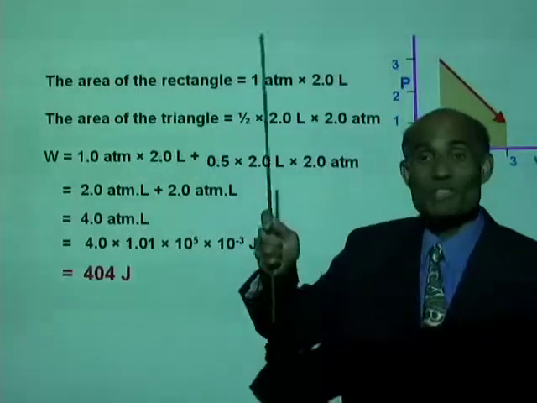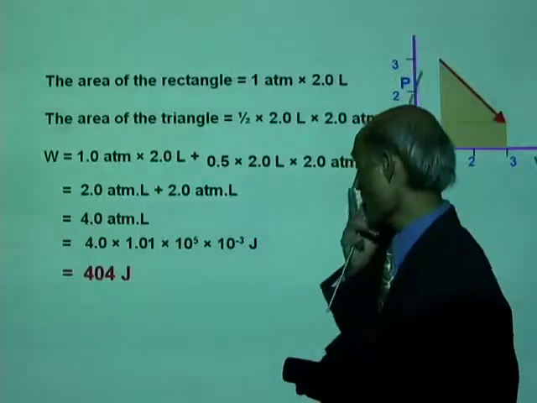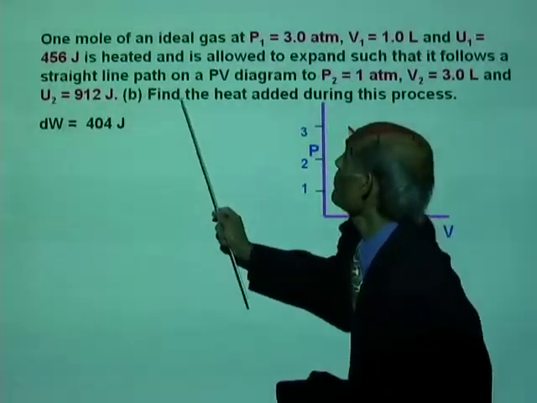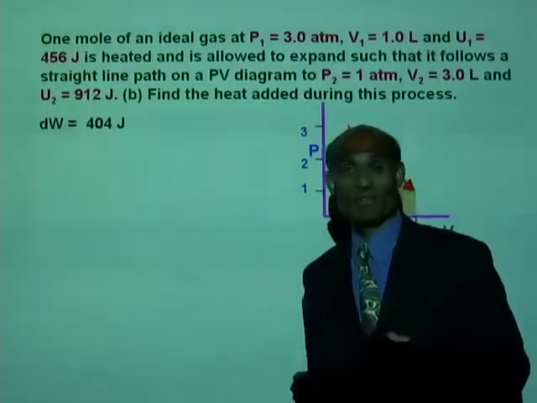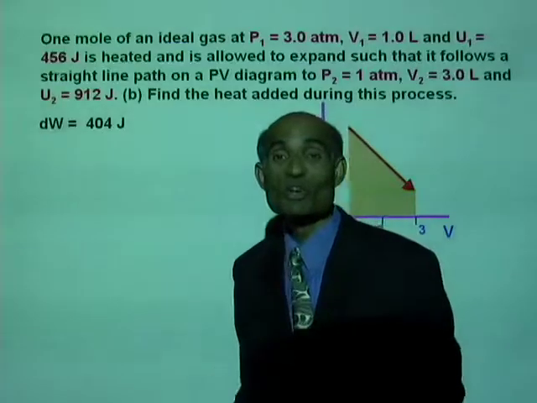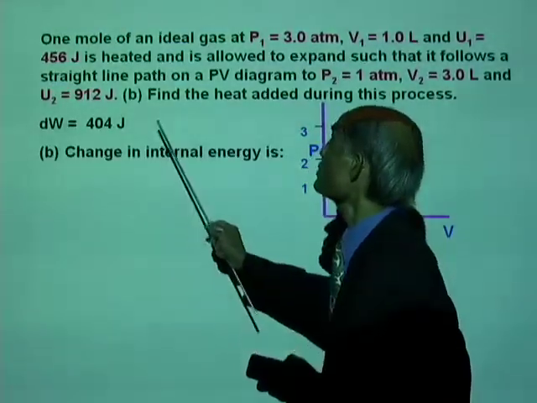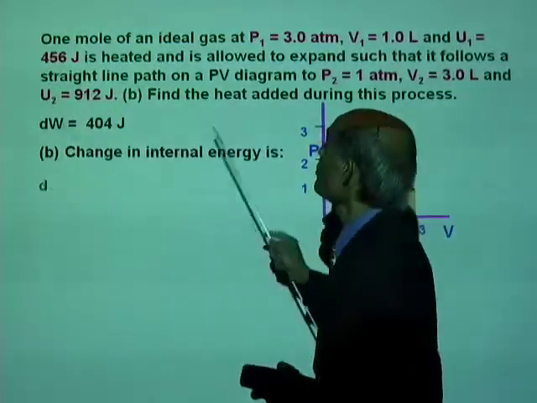Exactly the same quantity that we had in the previous problem. You remember that one? Okay. And therefore, what is the next thing we need to do? Find the heat added during this process. Well, the heat added during the process will be dU plus dW. The change in the internal energy is U2 minus U1.